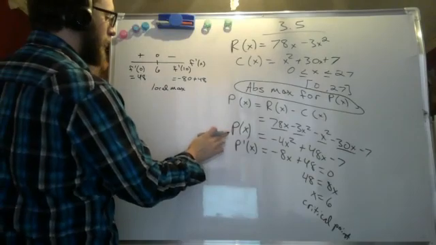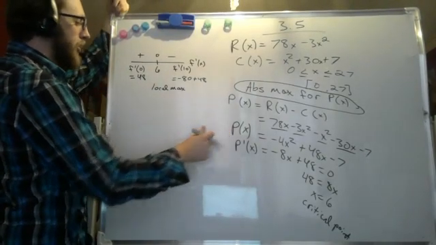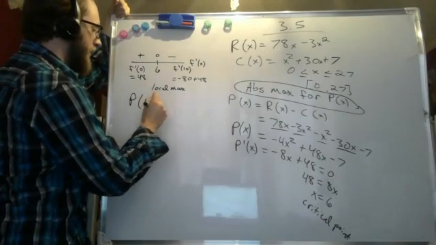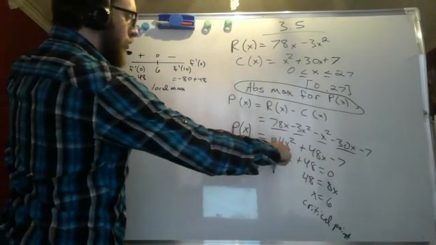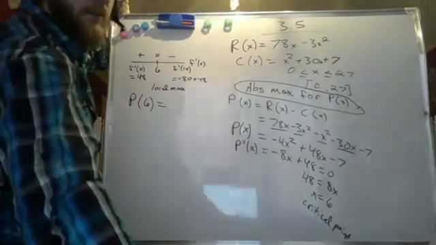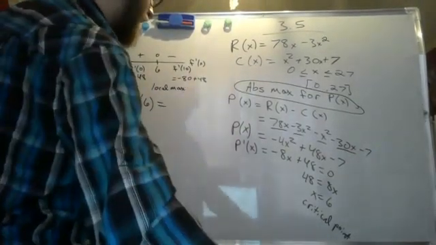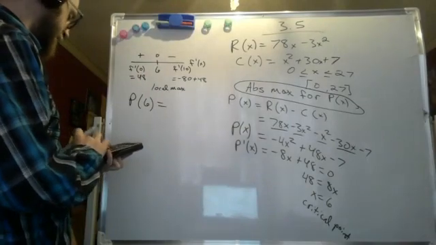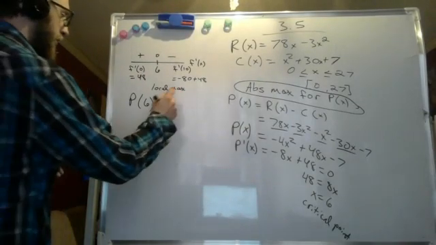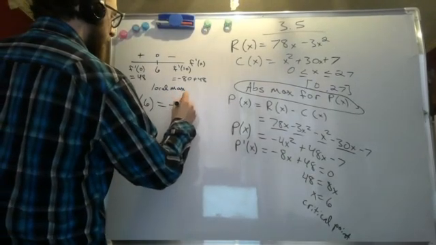Right, so now we want to check what the actual profit values are. So what is p of 6? 6 squared is going to give us 36. And if we have 36 times a negative 4, then we've got negative 144.